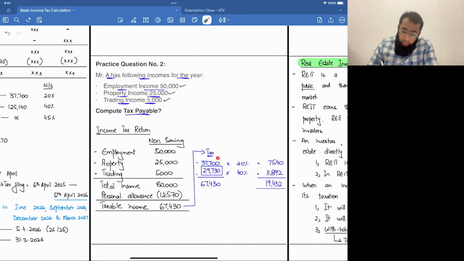On 37,700, which is your basic rate band, you charge 20%. Then on the difference, 29,730, you charge 40% and you get the final tax value. Are you getting it? I believe it's very simple.